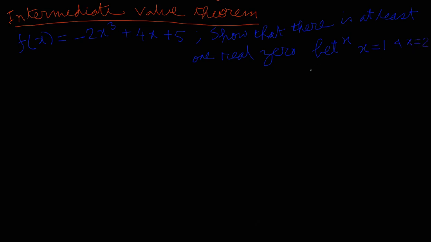Okay, so we need to show that between x equal to 1 and x equal to 2 I have a real zero for this particular given function.